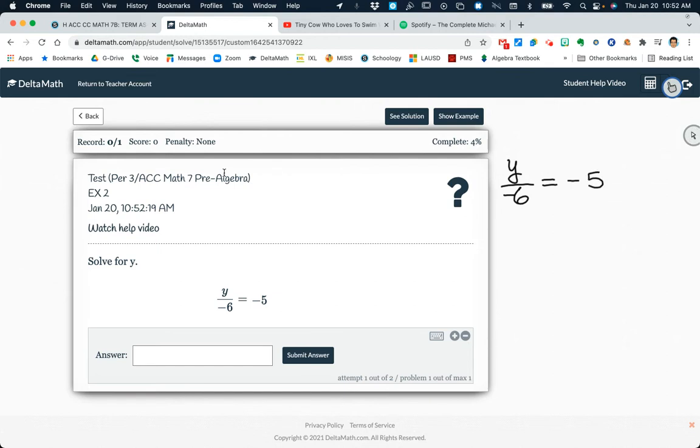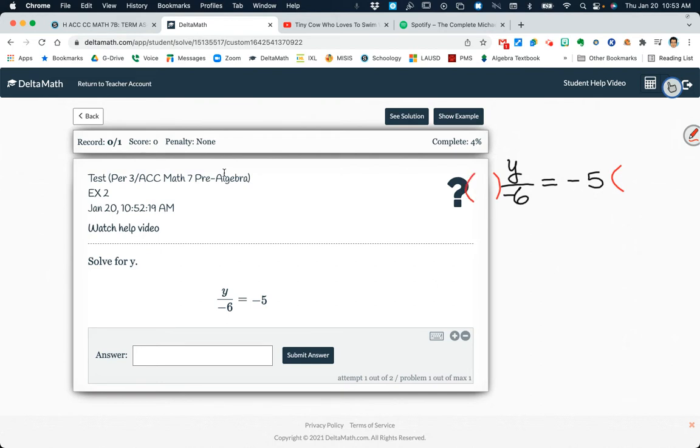Okay. So again, it's a division. We're dividing by negative 6. So we want to do the opposite of dividing by negative 6. What's the opposite? Multiplying. And so we're going to multiply, use parentheses again.